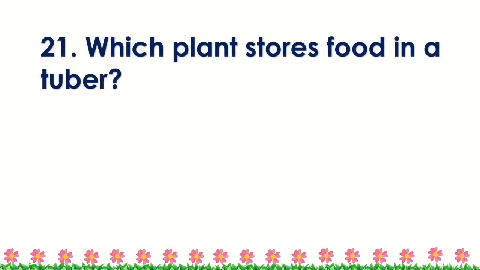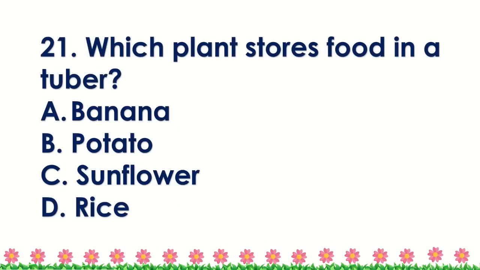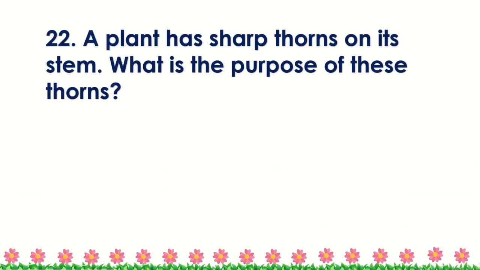Which plant stores food in a tuber? Letter C. Sunflower. A plant has sharp thorns on its stem. What is the purpose of these thorns?